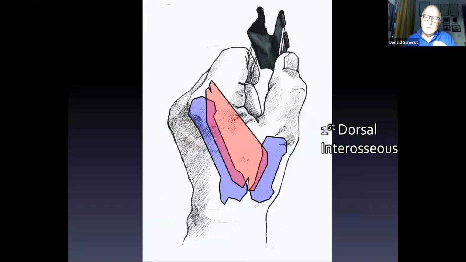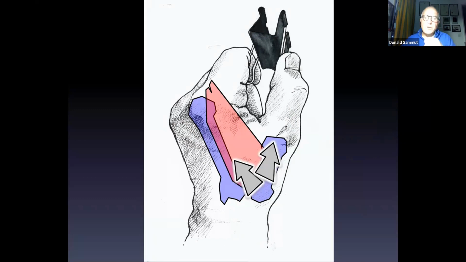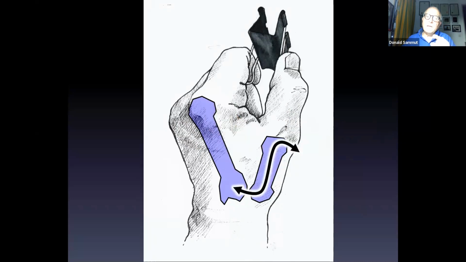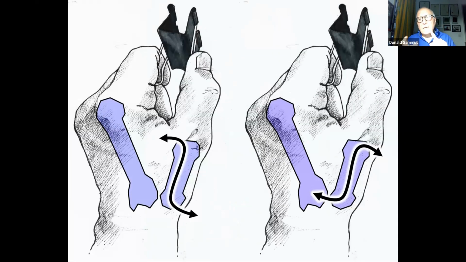If we now look at the first dorsal interosseous, it's going to pull on the base of the metacarpal and therefore make the metacarpal rotate in this hand clockwise. So you can see that the two cancel each other out.